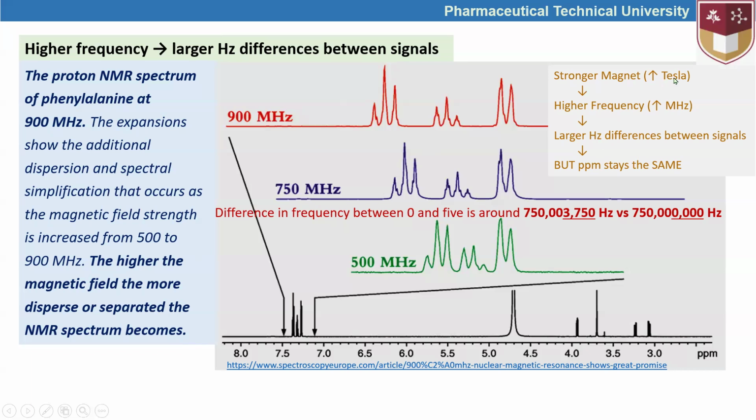The stronger magnet, the unit of which is Tesla, leads to the higher frequency, and the higher frequency leads to larger hertz differences between signals, but ppm stays the same. Parts per million units stay the same.